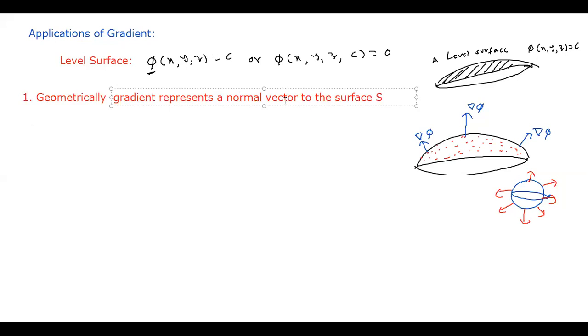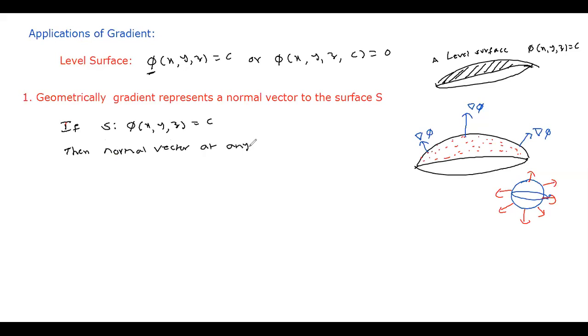If the surface S is represented by the equation phi of x y z equal to c, then what is the notation for the normal vector at any point on the surface?